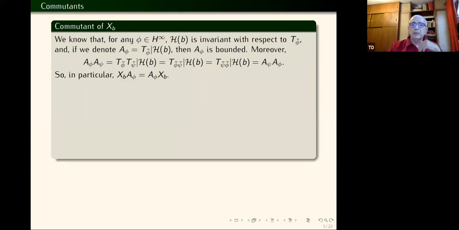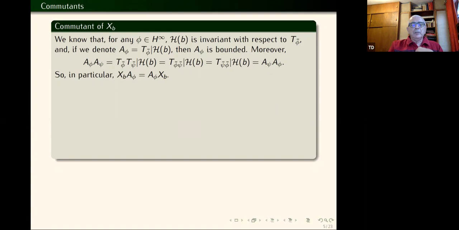And we know that H(B) is invariant with respect to all T_φ̄ with φ in H infinity. I proved this immediately after discussing H(B).